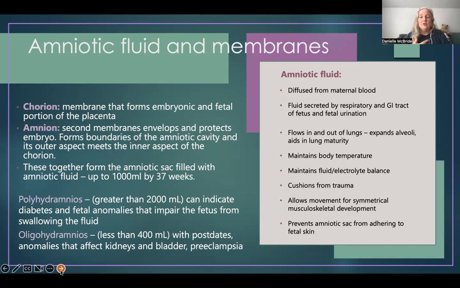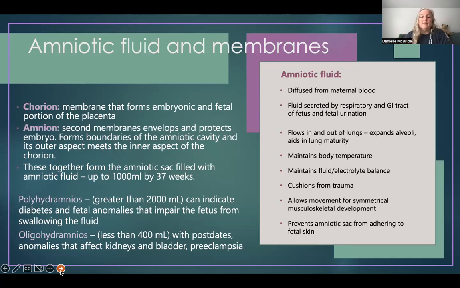Most often you don't see these separately because they're both very thin and they lie together. Later, when we talk about infections like chorioamnionitis, that's an infection of the chorion and the amnion. These two tiny, thin membranes lie together and encompass the baby and the fluid.